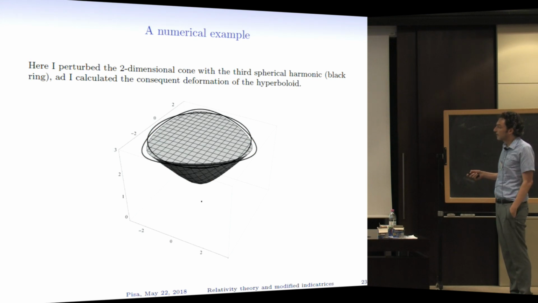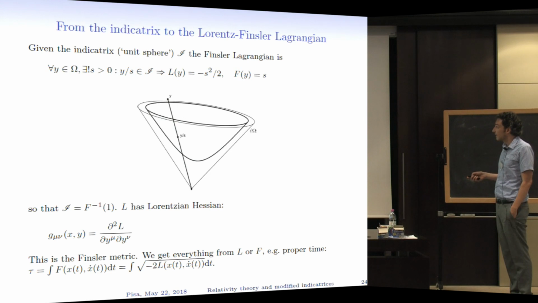This is a numerical example. I take the usual hyperboloid. I perturb the cone, making it of this shape, and this is the perturbed affine sphere, which is no more than a hyperboloid. Okay. Now, when I have given any indicatrix, you can get your Finsler Lagrangian.